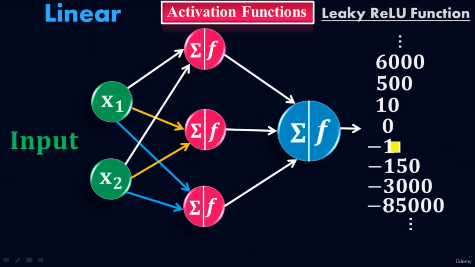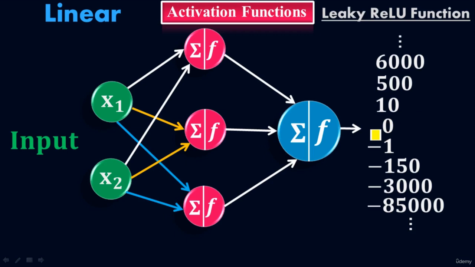As I said, in the leaky ReLU activation function, you can put any number as an input, and it can give any number between negative infinity and positive infinity as an output. For example, if you pass a negative value as input, you will get a negative value at the end. Similarly, if you pass a positive value as an input, you will get a positive value as an output. So there is no restriction.